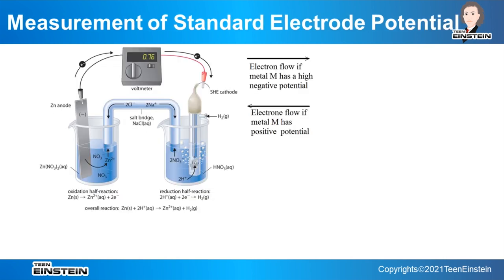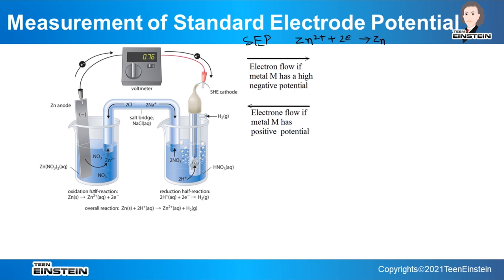So now we have taken a particular example, measurement of standard electrode potential. That is, now we are measuring the SEP, and of which system are we measuring the SEP? We are measuring the SEP of the Zn2 plus, Zn system. So for that, what have we taken?